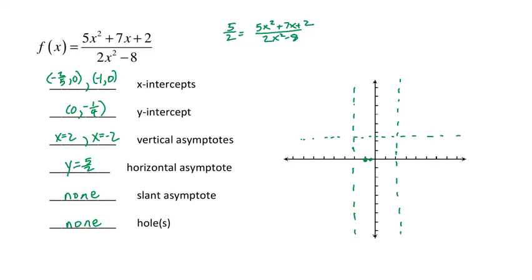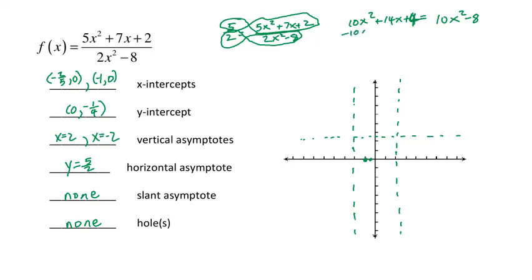If we do the cross product, we're saying that 10x squared plus 14x plus 4 equals 10x squared minus 8.